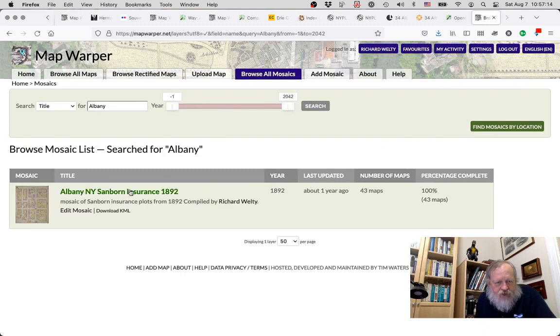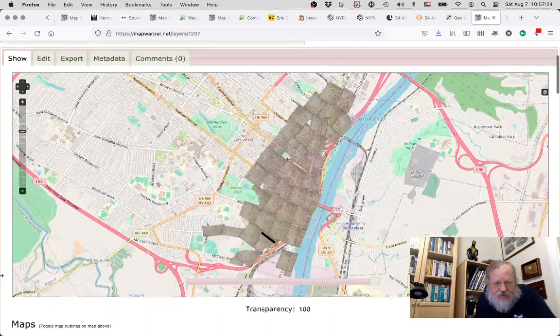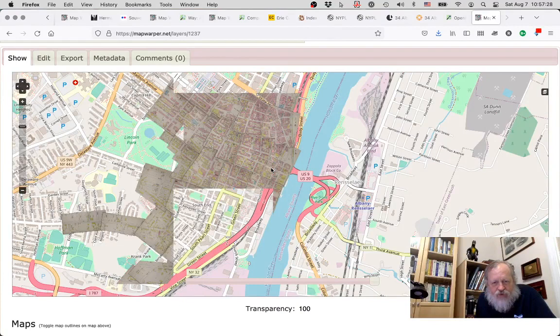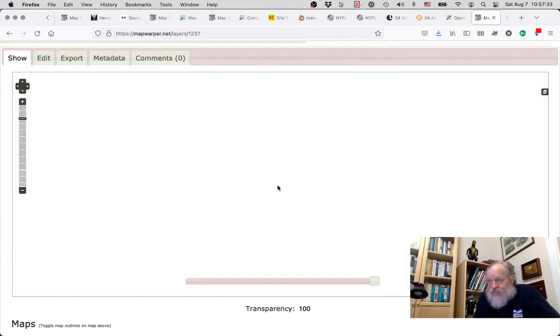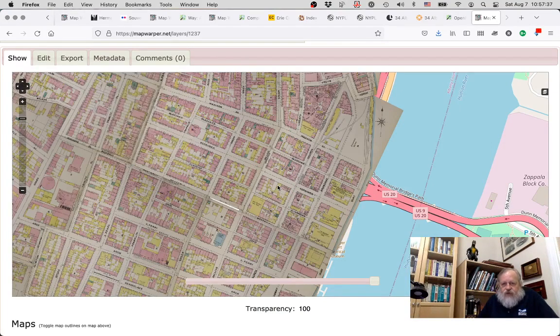And this is one I have done a bunch of work on, and I am going to go back and do more because it's a big set. But this is Sanborn insurance maps of Albany, New York in 1892. And for urban areas that are valuable enough that Sanborn bothered to map them, this is a huge resource.